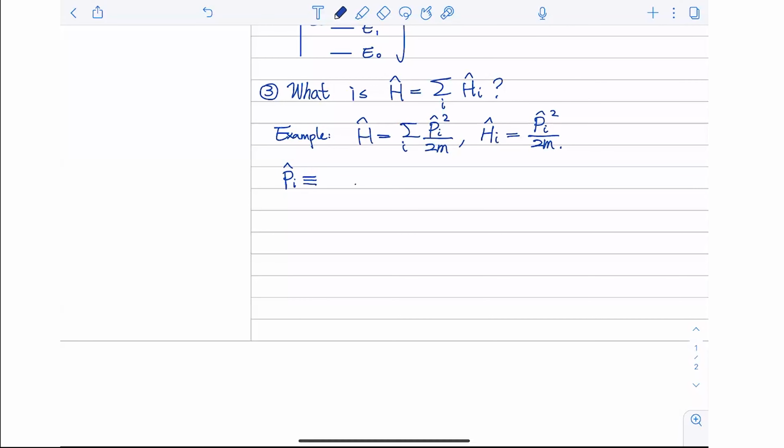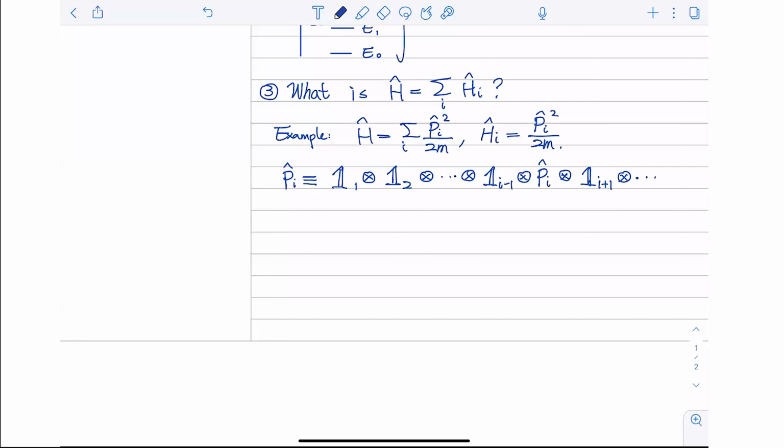For example, we have particle 1 and particle 2, but only the ith one is the particle that we care about. So this p_i operator should be defined in the Hilbert space formed by this n particle system, and should be understood in this fashion.